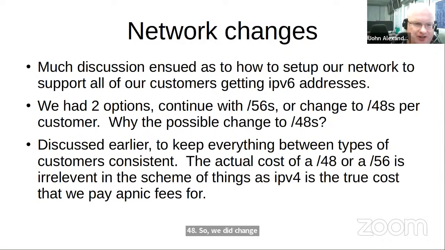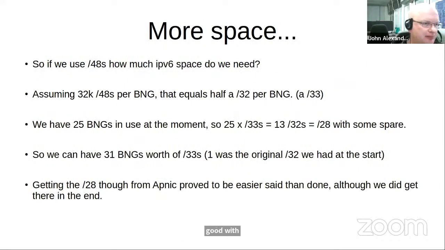We looked at upgrading it to a /28, and we did that so that we could handle enough BNGs, which was 30 BNGs. The issue we had now is we're putting in more BNGs than 30, so we needed to increase our range from a /28.